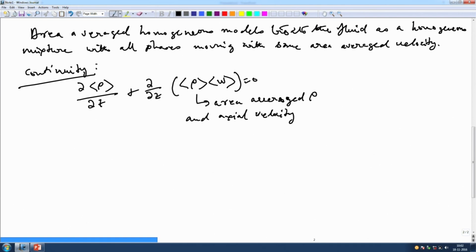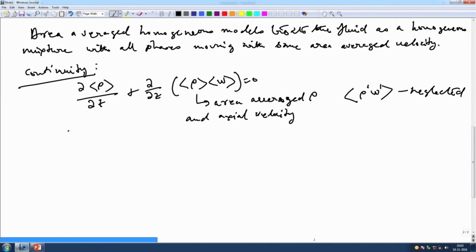And as usual, as earlier, the product of quantities like the deviations of rho and w, we have neglected them. Earlier we knew already that we usually neglect quantities like this. These are basically neglected. This you already knew from the earlier exercises that we did.